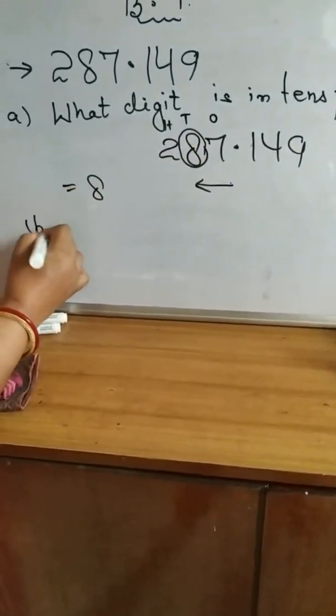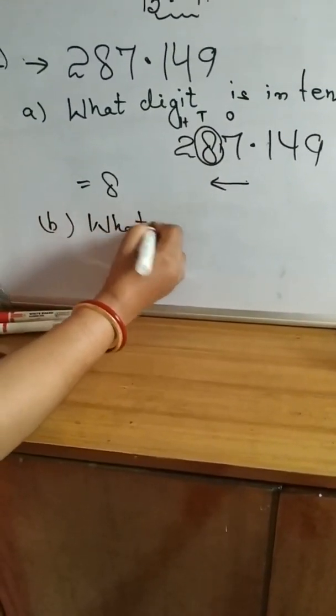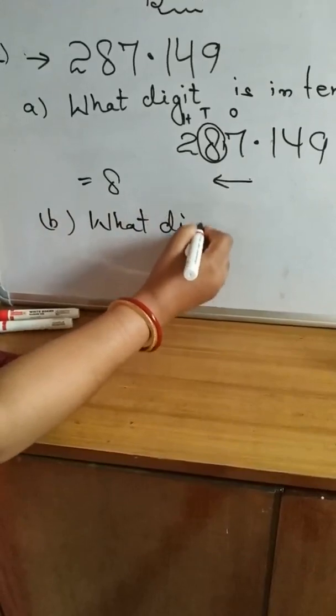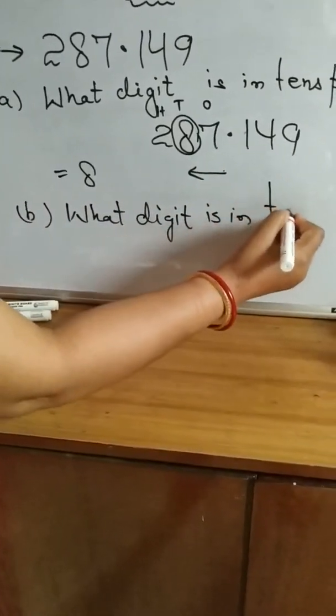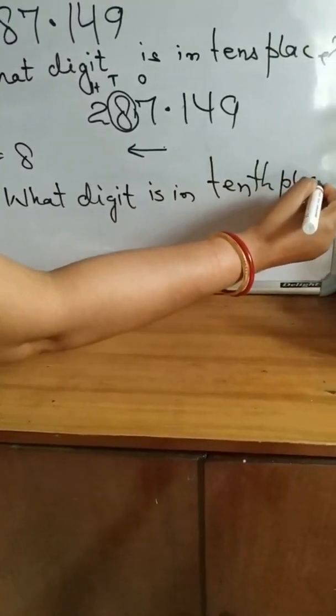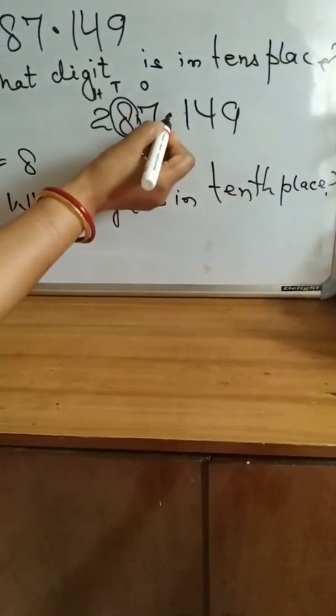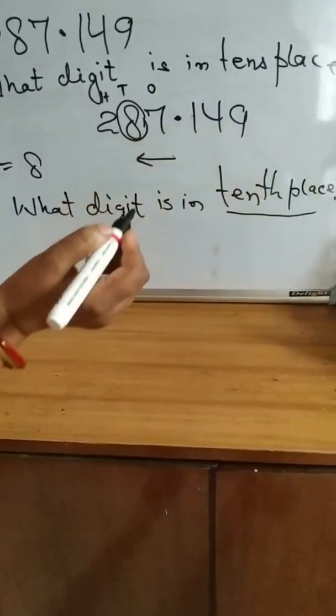Now come to the next question. What digit is in the tenths place? Tenths means 1/10. So here all of you see, tenths means it is a decimal number place value.